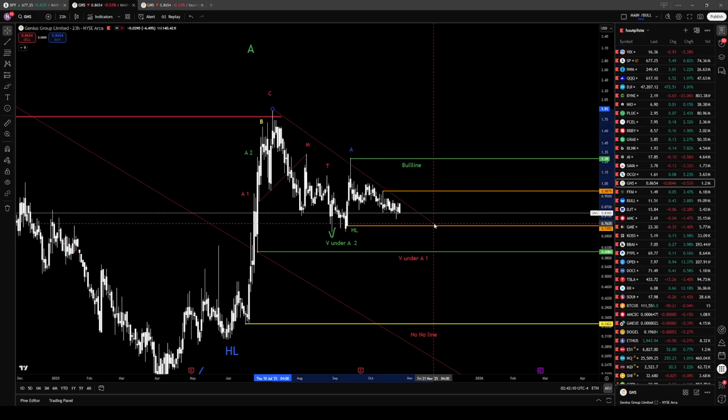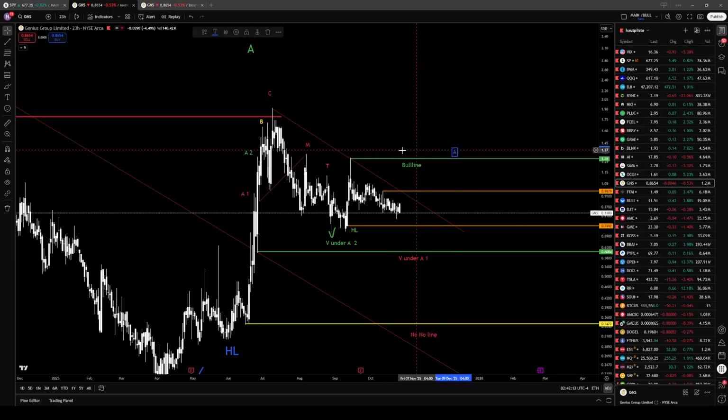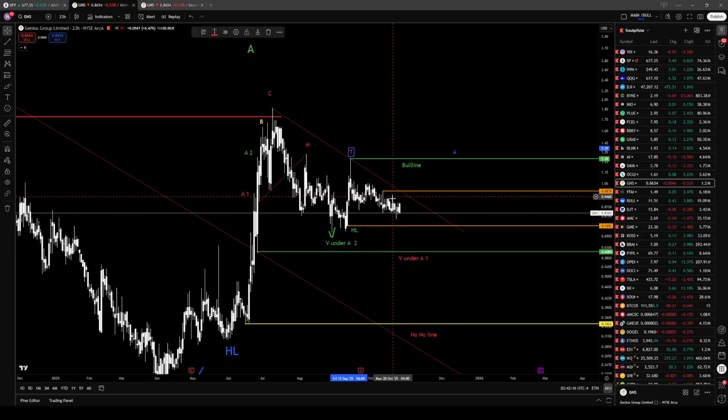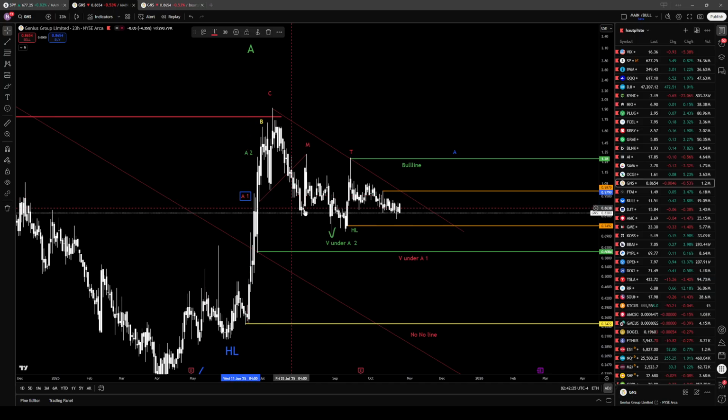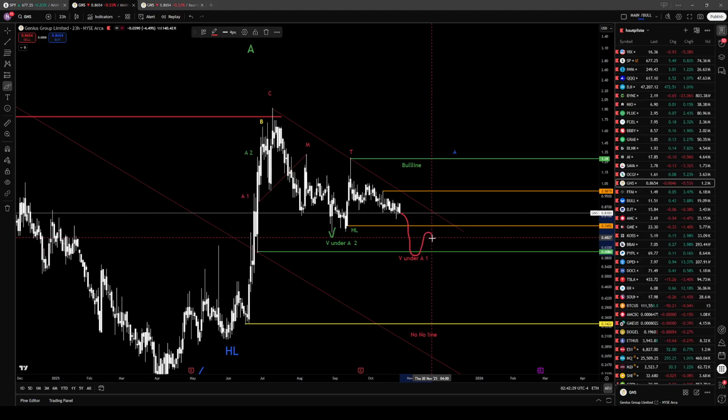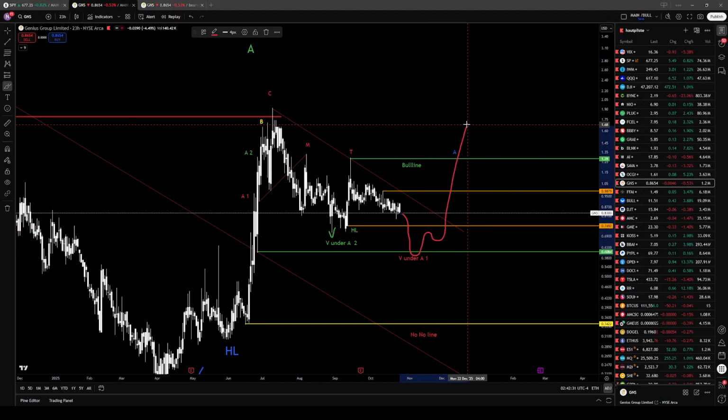For the alternative, this little peak was our T. The green one would be wrong. This A would be your perfect A, and I'm leaning more to this. You still would have to go down to your V and A, make a high low, and then you bounce. What I don't want to see is anything under 34 cents, because I think then this play is also dead.